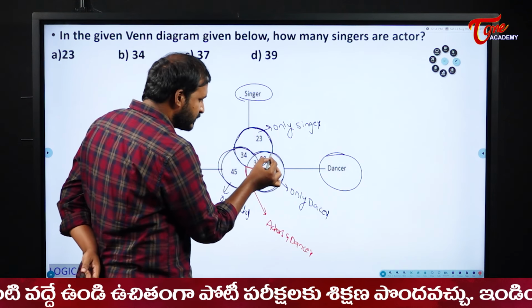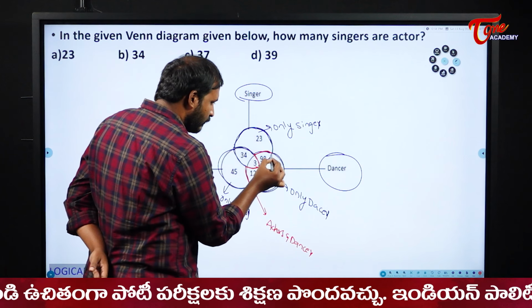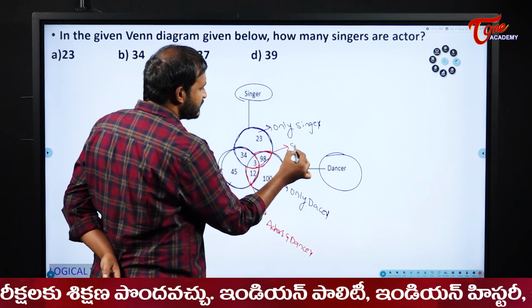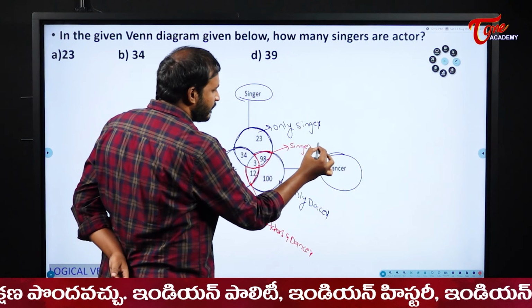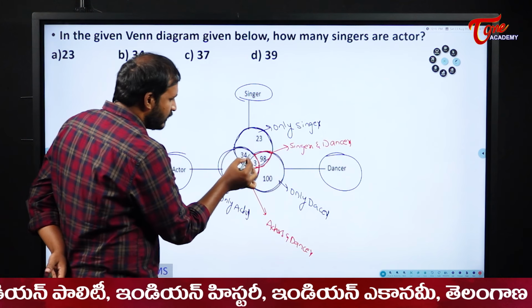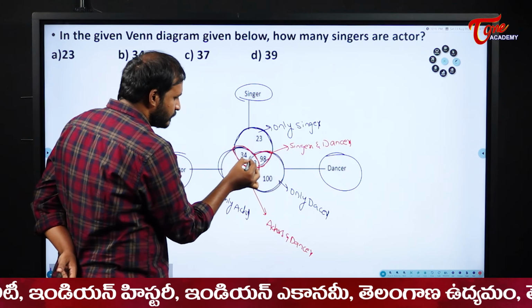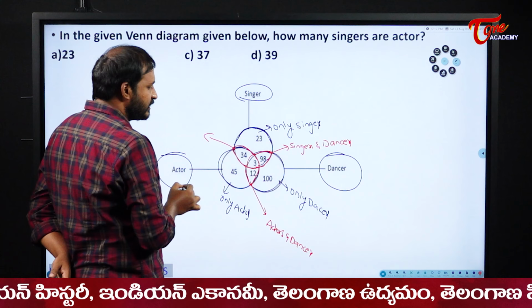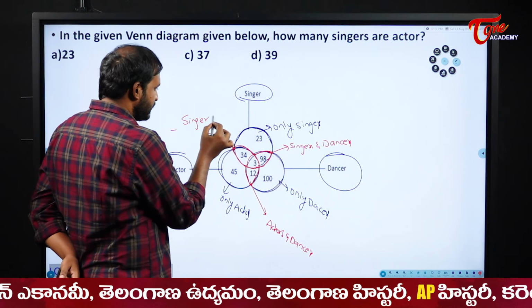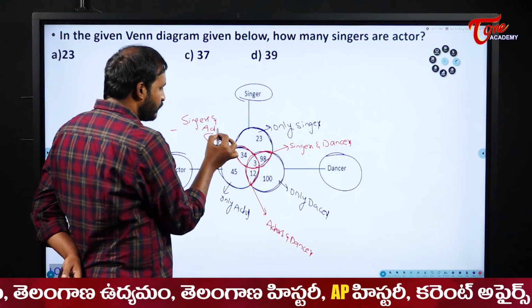What does this portion tell me here? This portion tells me singers and dancers. What does this portion tell me? This portion will be only singers and actors.